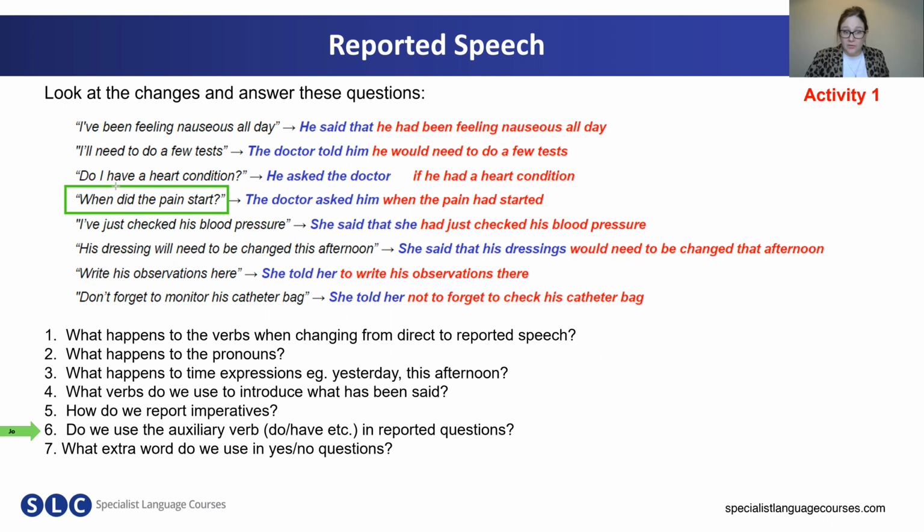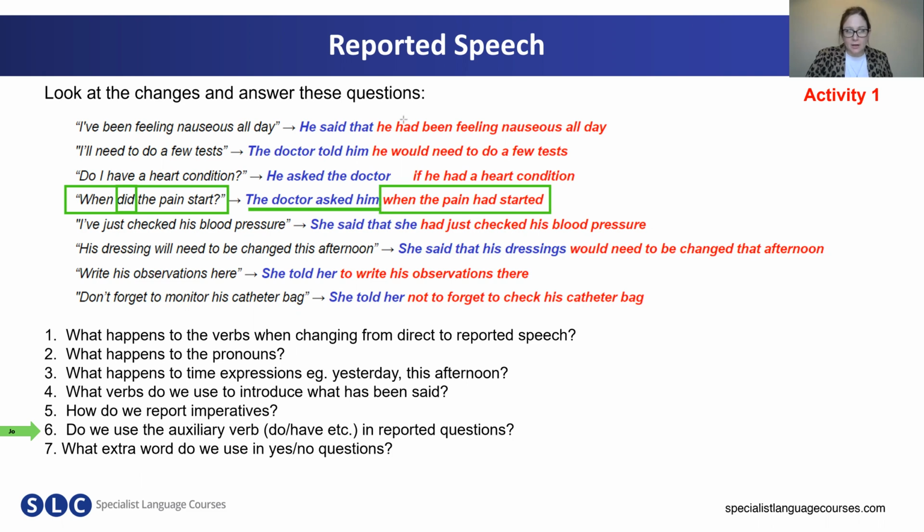In normal questions, we use the auxiliary verb to form the question. Yeah, it signals that it's in the past tense. However, with reported questions, we don't use it. Yeah, when the pain had started. So we know it's a question because of the reporting phrase here. The doctor asked him.